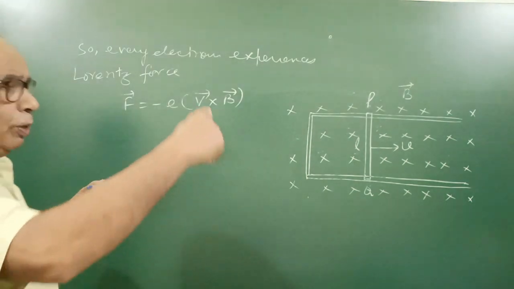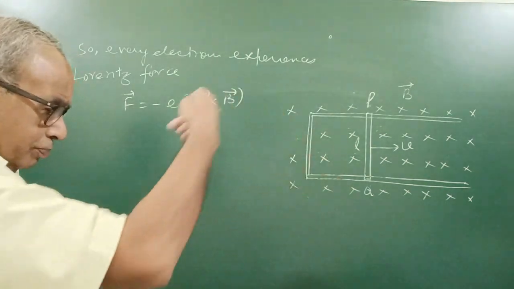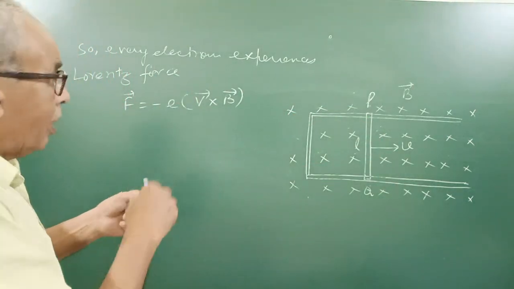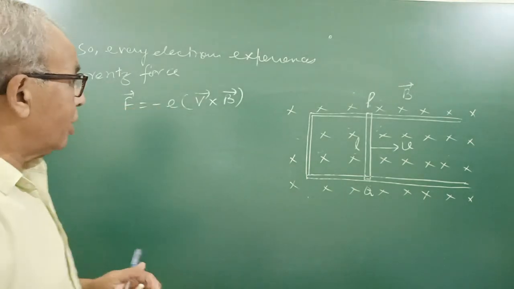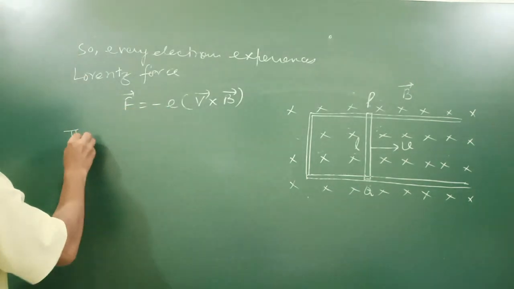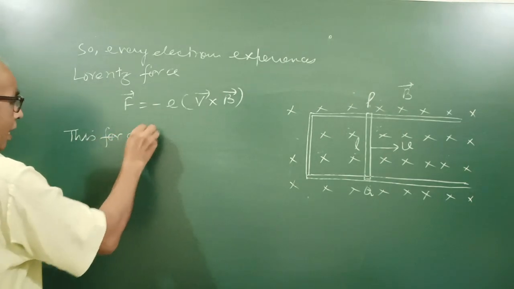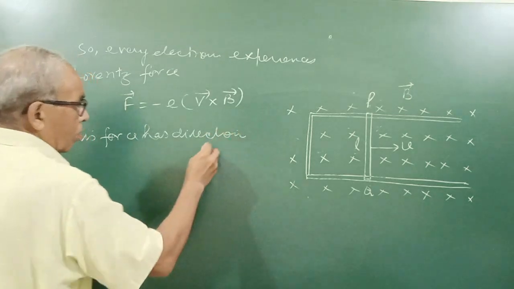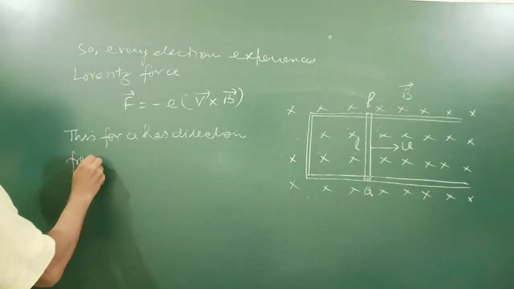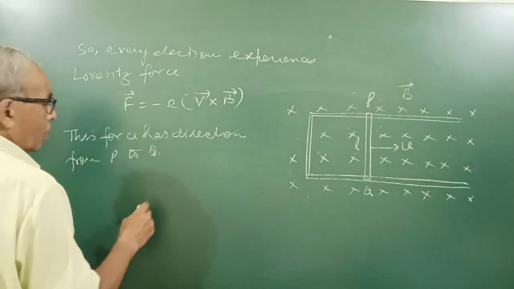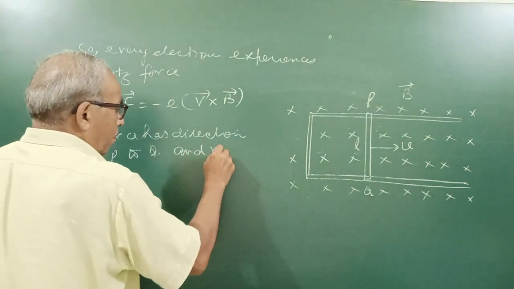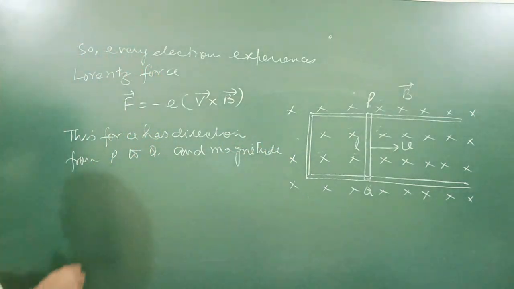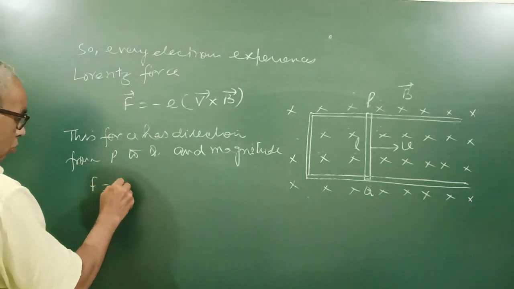V cross B gives clockwise, which is the direction of force on a positive charge, and the minus sign indicates that this force has direction from P to Q, and magnitude F equal to eVB.